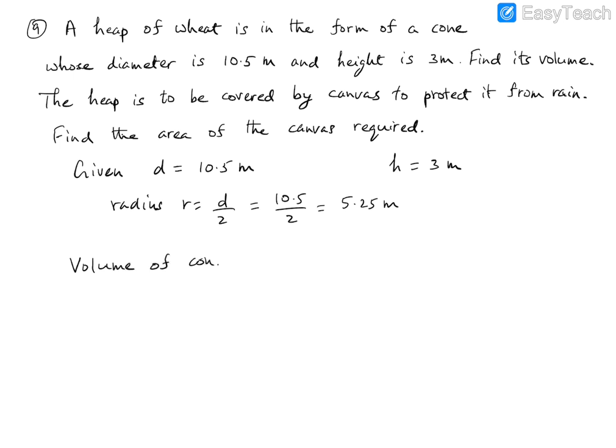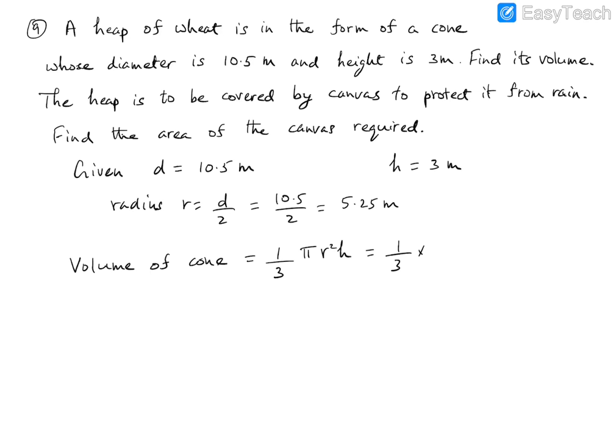So volume of cone, and again we use the formula for the volume of the cone, which is 1/3 pi r square h. Instead of writing volume of the cone, we can say volume of the heap of cone.